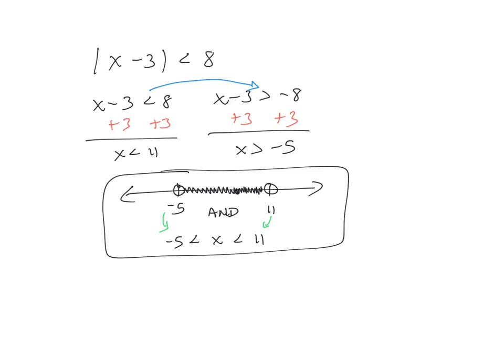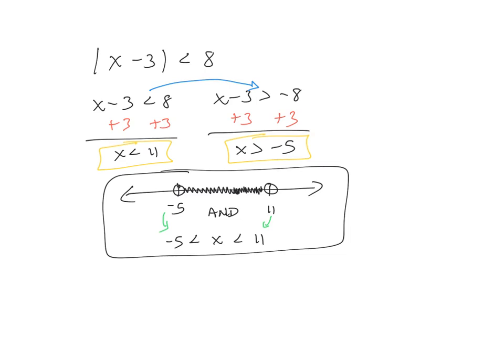And then the inequality symbols will always point to the left. But if you look back up here, x is less than 11. Well, that looks the same down in the answer. And then greater than negative 5, it points at the negative 5. Okay? So again, nothing's different in terms of the process.